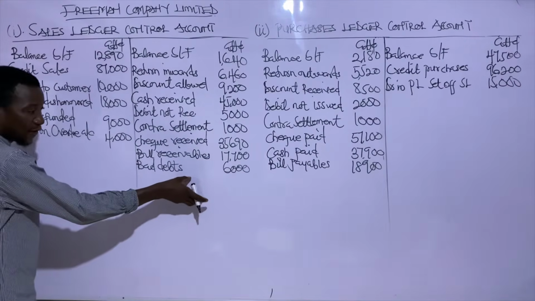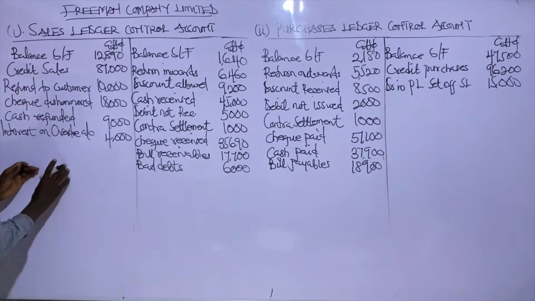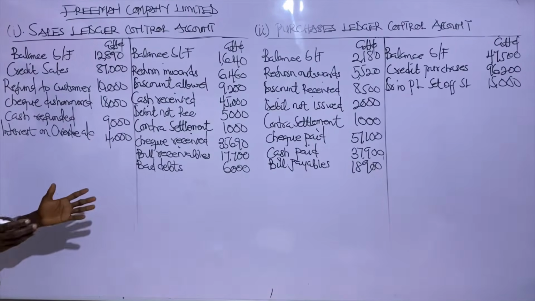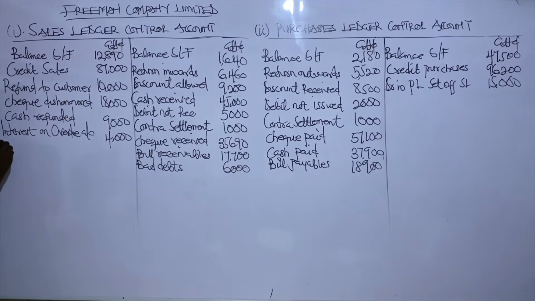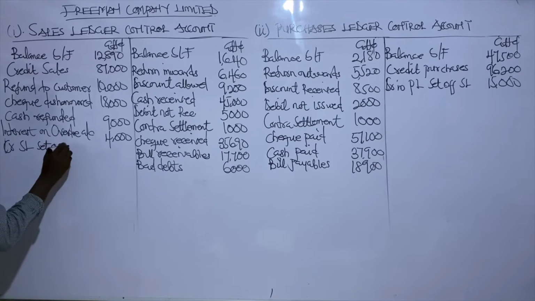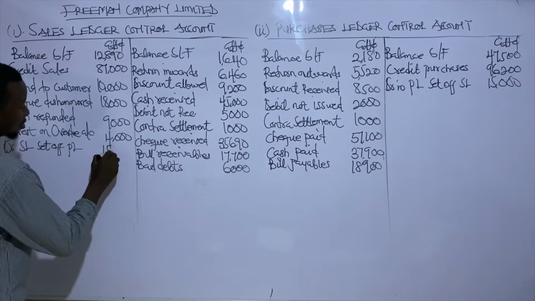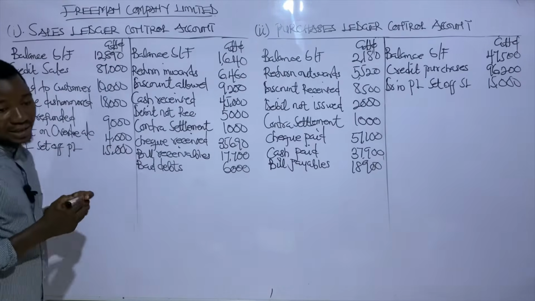So if you are setting off an amount over here, you're supposed to record it at the opposite side. So what we are going to write over here is that it is a sales ledger credit. So credit of sales ledger set off against the purchases ledger, and the same amount of 15,000. Good, that is the set off.